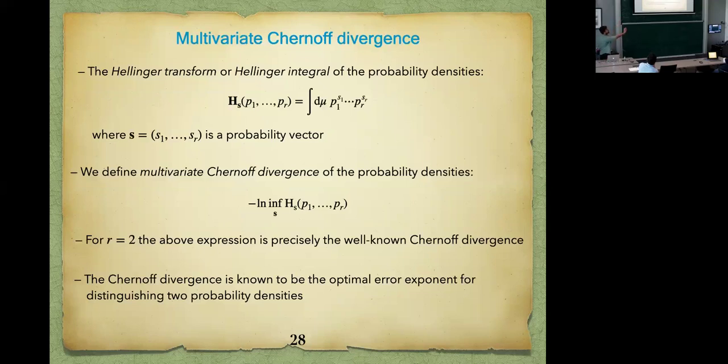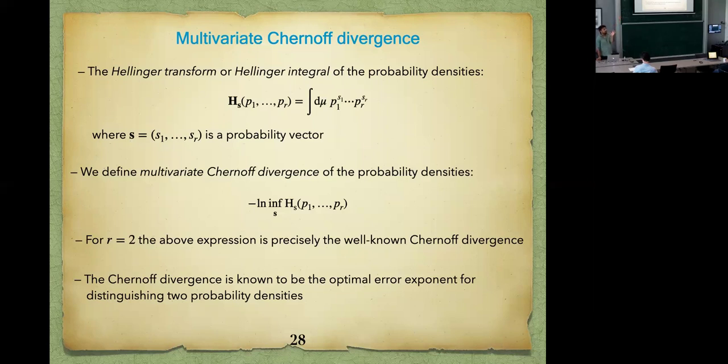So before giving you the main result, like what that quantity is, let me recall the Hellinger transform or Hellinger integral of probability densities. It is defined like this. Given probability densities, where mu is a dominating measure with respect to which all of them are densities, the Hellinger transform is a function of probability vectors.